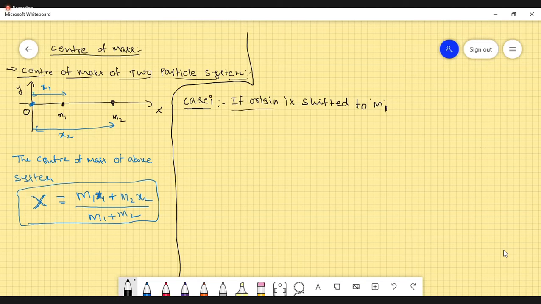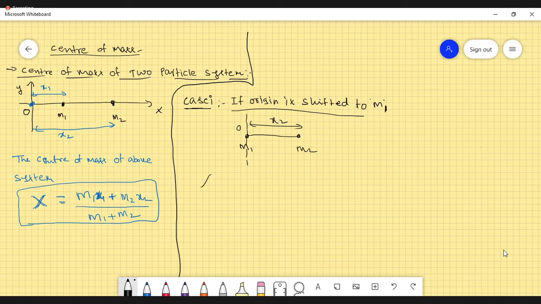So this will be M1 and this will be M2, and now this is the origin O. As usual, this will be x2. This is 0, so x1 will be 0, like before. Then what is the center of mass at that time?